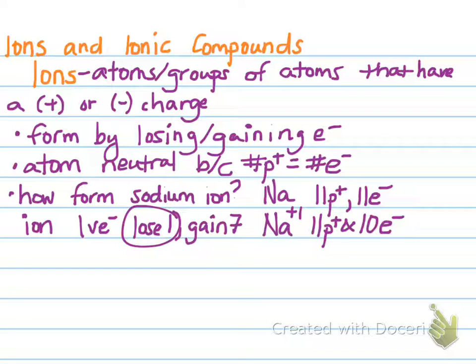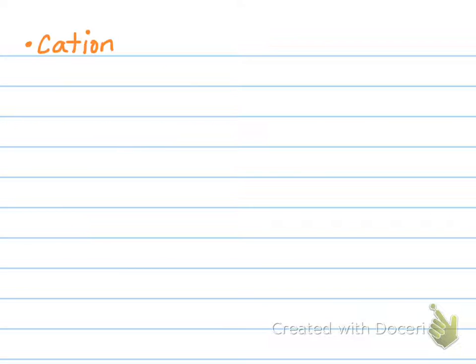So, ions are generic. I can call a positively charged ion an ion. I can call a negatively charged ion an ion. But remember, we do have some more specific language. We have what's called a cation.